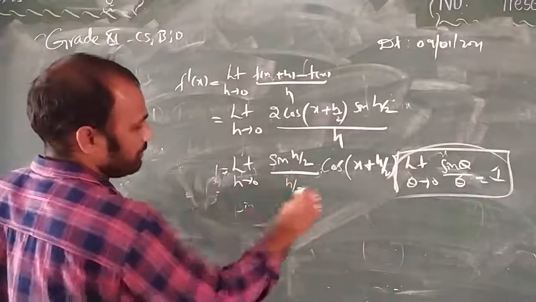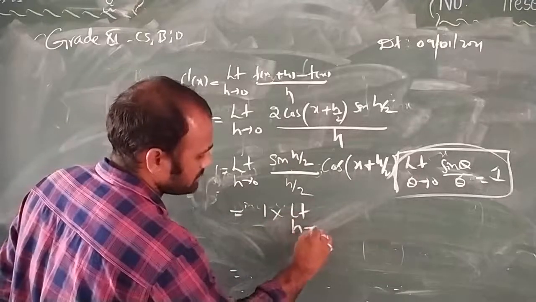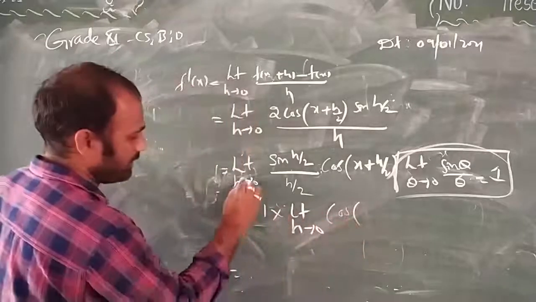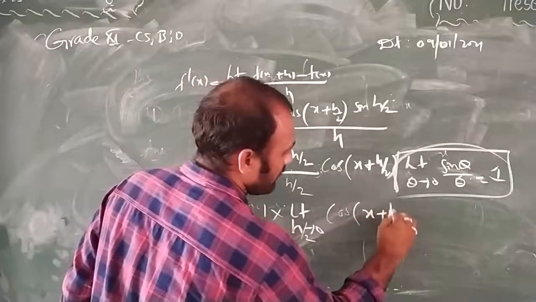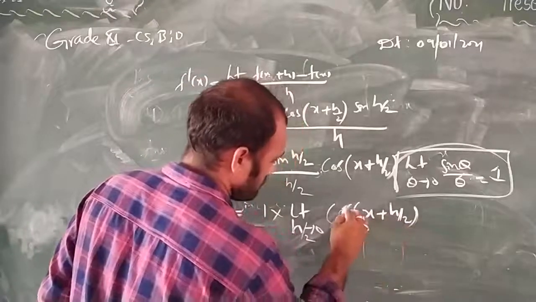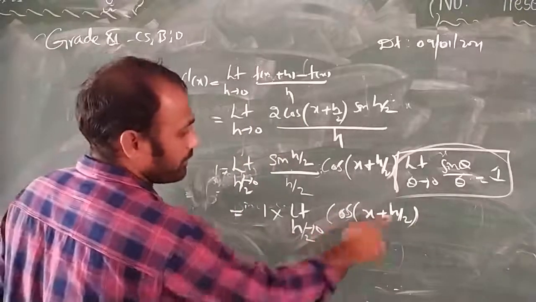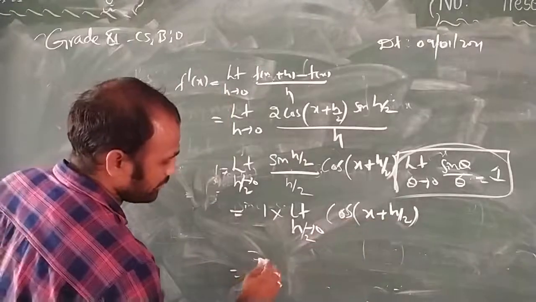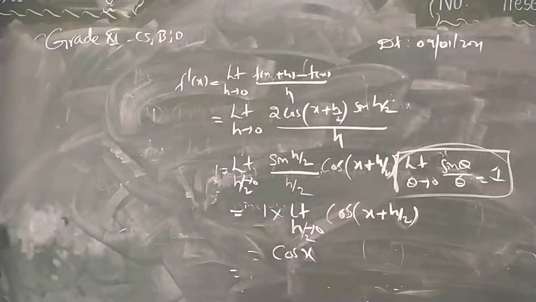So this limit will be 1. So 1 into limit h tends to 0, with h by 2 tends to 0, of cos of x plus h by 2. If I put h by 2 as 0, the answer will be cos x. So the derivative of sin x is cos x.